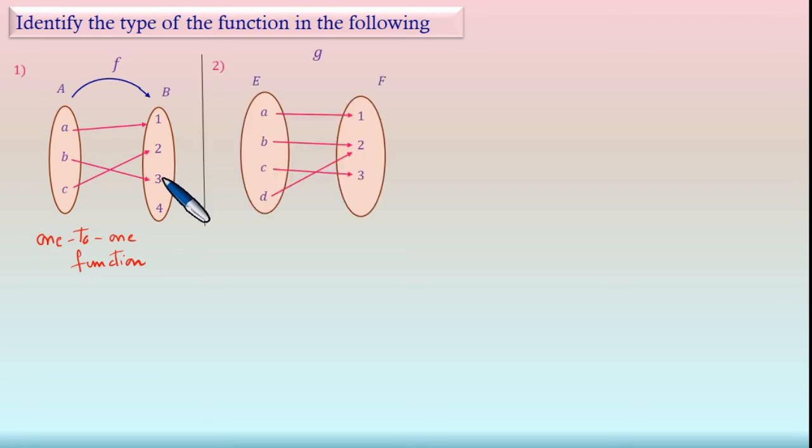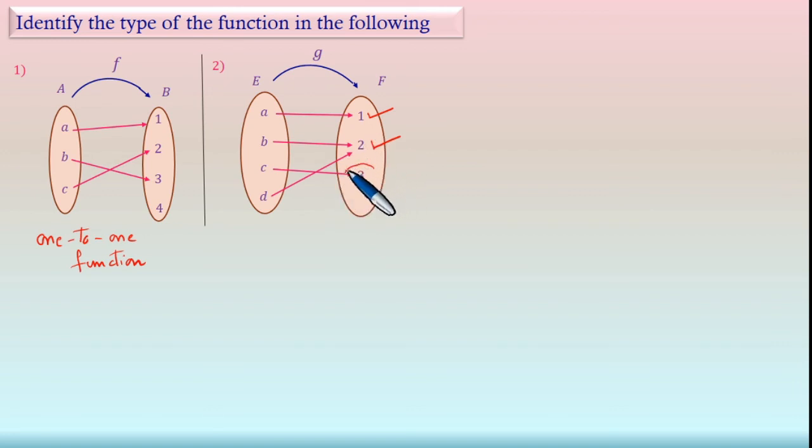One more example. Function g which maps E to F. Here the codomain elements are 1, 2 and 3. So see here, 1 has only one preimage. 2 has two preimages, that is b and d. B and d are the two preimages, therefore it is not 1 to 1.